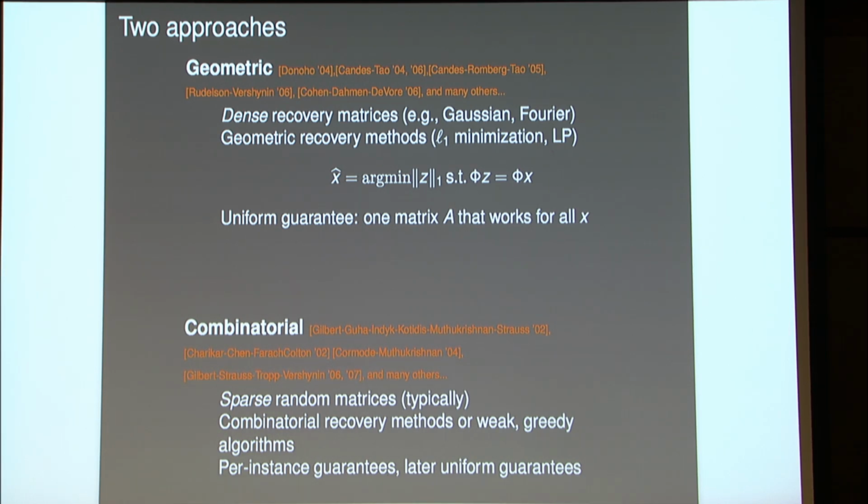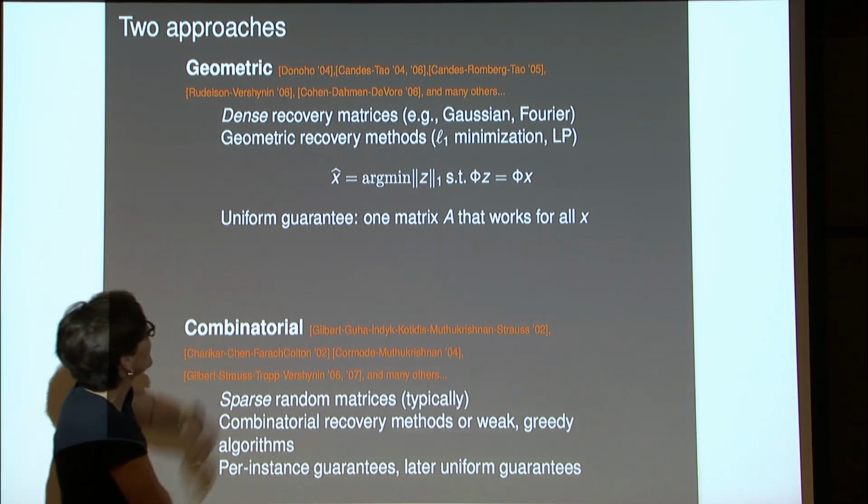The geometric ideas were beautiful mathematical ideas that really started with the question: can I characterize the kinds of matrices which are useful in sparse signal recovery using a certain kind of algorithmic approach, which I will call geometric?